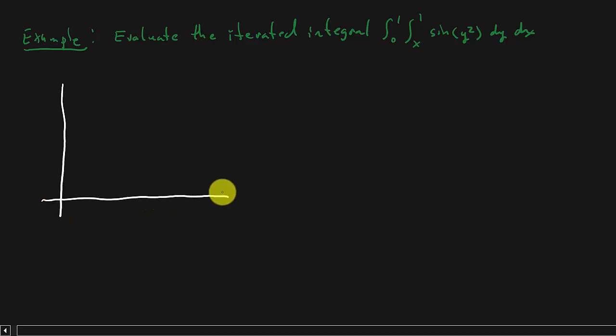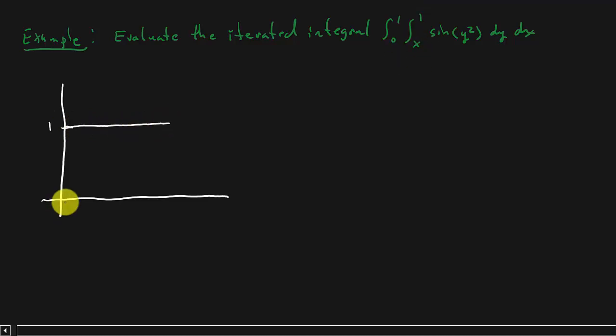Looking at this 1 and this x, this is a type 1 region. We got the dy here, we got the 1 and the x here. So we know this right here is the line y equals 1.